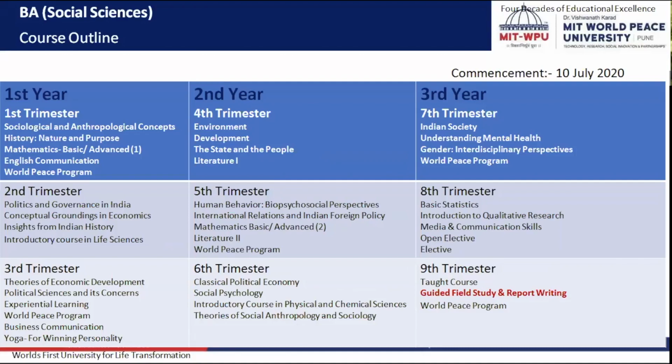Yes. So, dear student, if you can see the structure of the course, it is divided into three trimesters per year. And as you know, this is a social science course. So the pillars of social sciences are sociology, anthropology, economics, and political science, and these are in the first trimester.